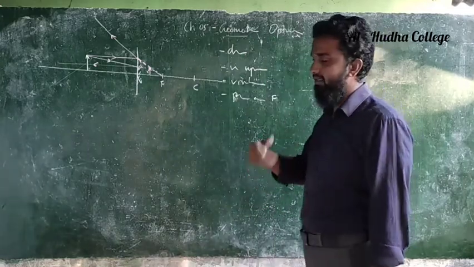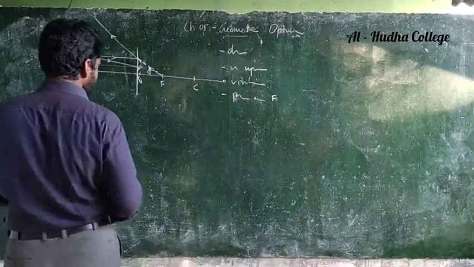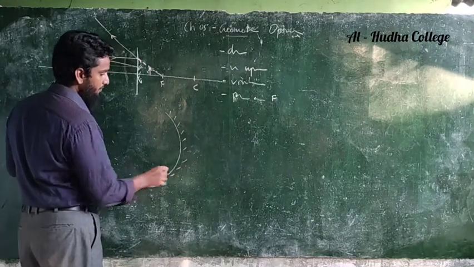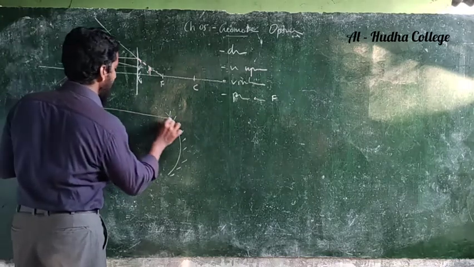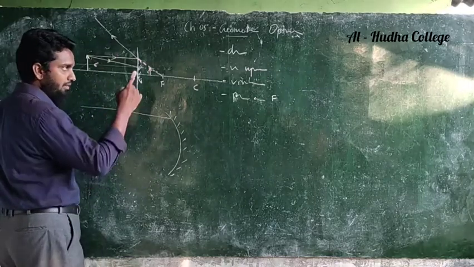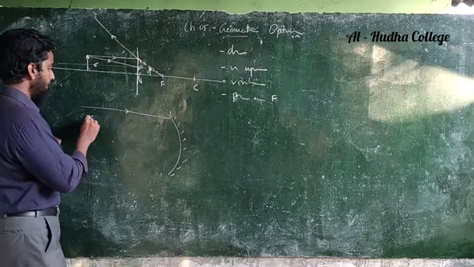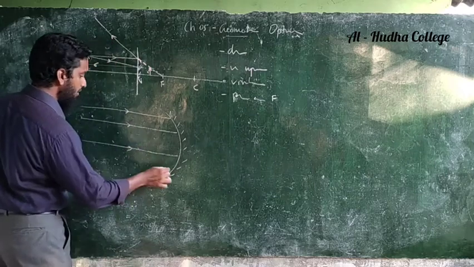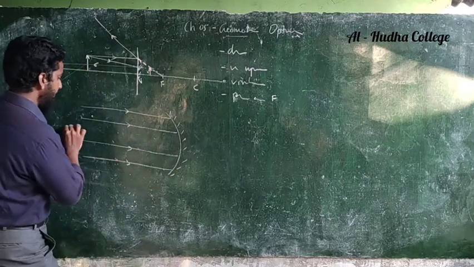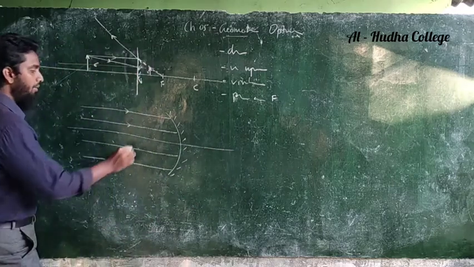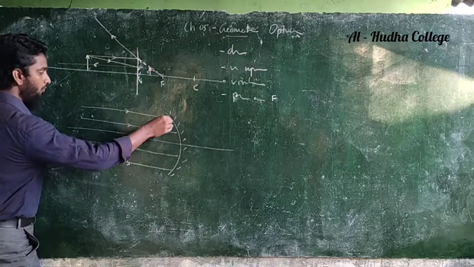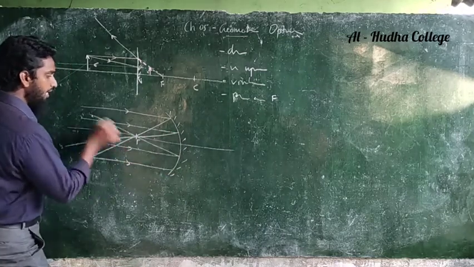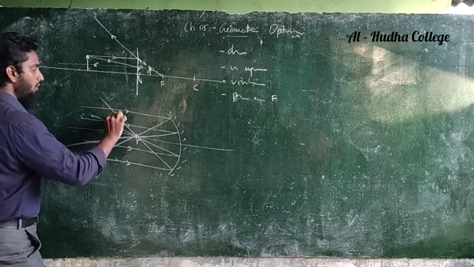The next thing that you should know is, if you have a curved mirror like this, it is concave. I forgot to explain this at the beginning. Look at this. The rays which are coming parallel to the principal axis, we'll take this as the principal axis, what is going to happen? They are going to move through the focus.